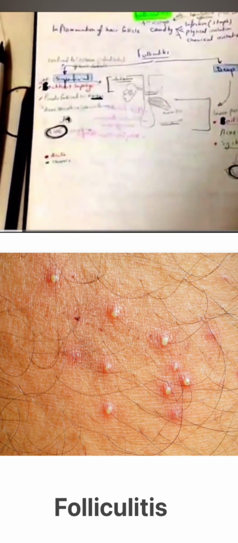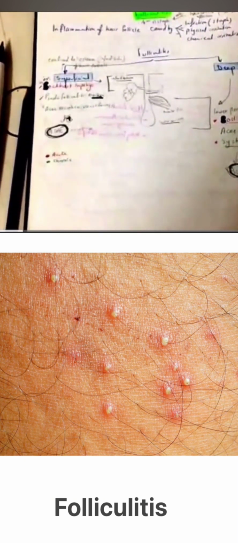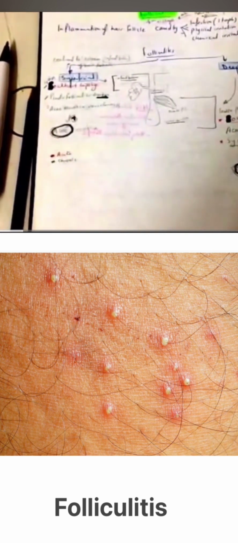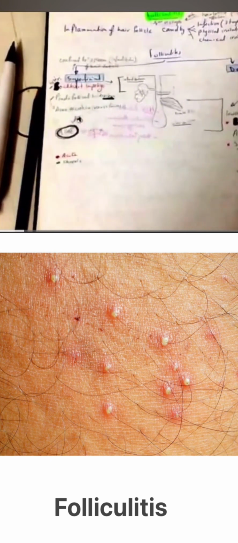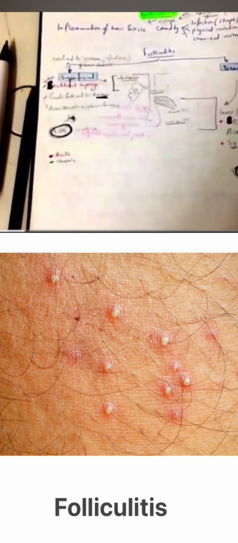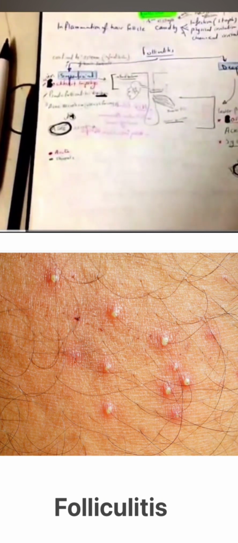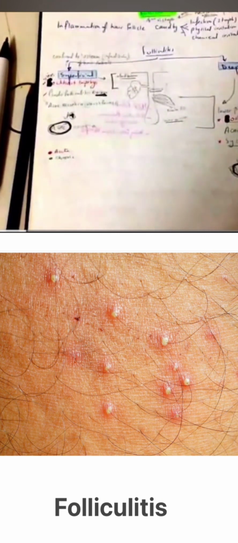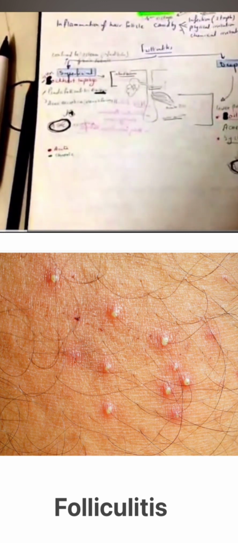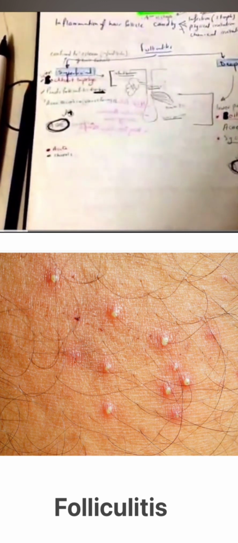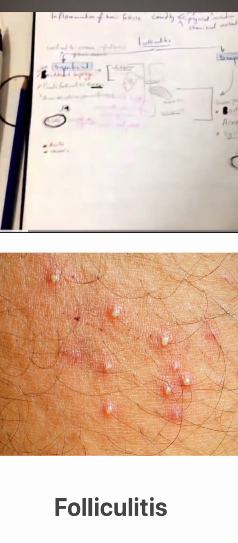For the superficial folliculitis, there is Bockhart impetigo, pseudofolliculitis barbae, and acne necrotica varioliformis. Superficial folliculitis: Bockhart impetigo, pseudofolliculitis barbae, and acne necrotica varioliformis.